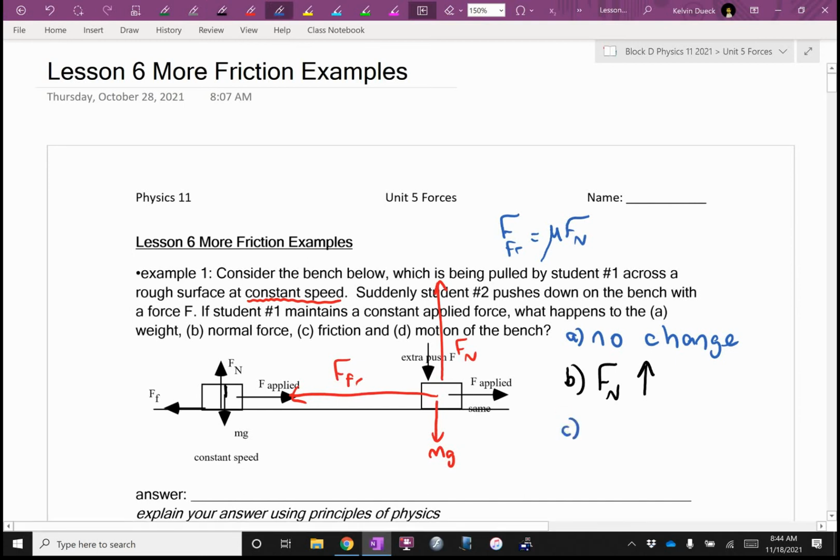What happened to the force of friction then? Well, if the normal force got bigger and friction is mu times the normal force, what happened to the force of friction? Got bigger. Because the normal force got bigger.